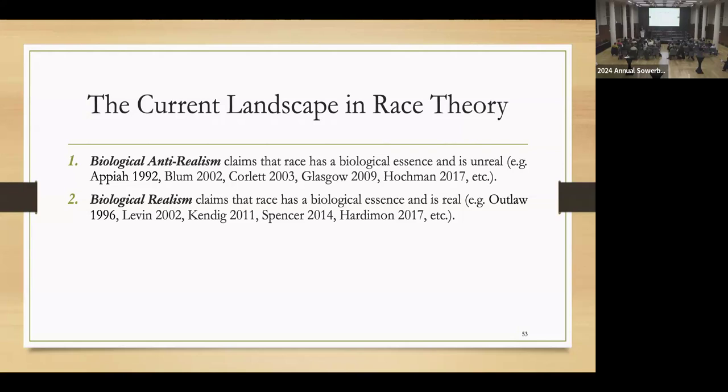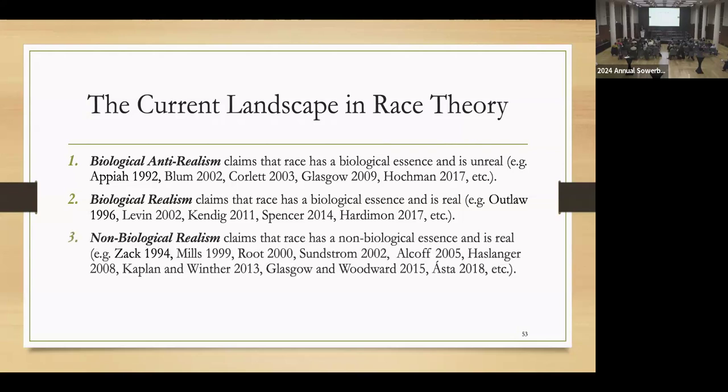And then you have a very popular option, probably more popular outside of philosophy, but still relatively good popularity within philosophy. The non-biological realists say race actually doesn't have a biological essence at all, but it's still real.